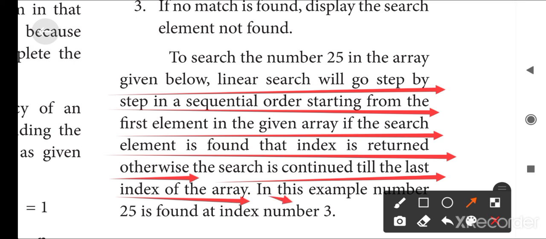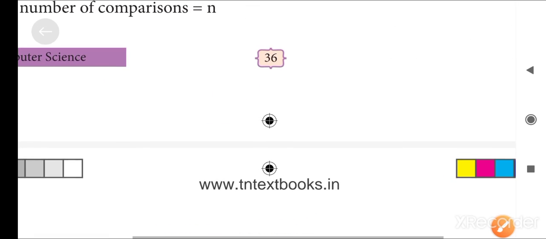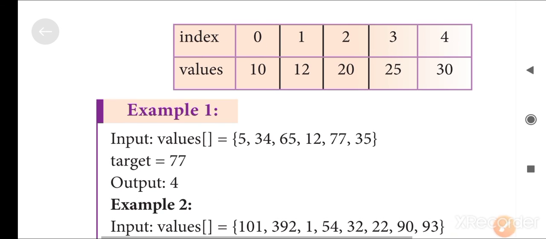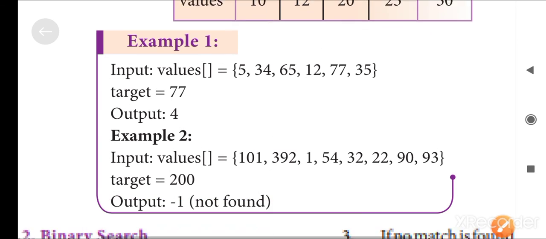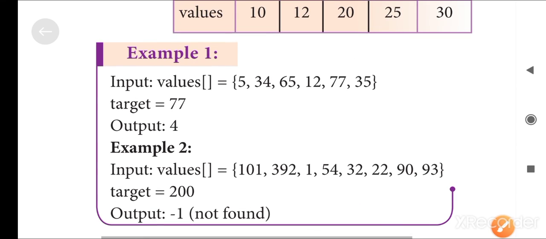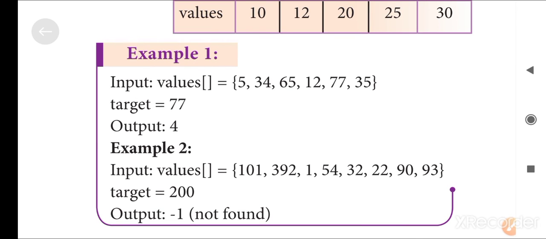In this example, number 25 is found at index number 3, and that is the value of the index we receive. Can you understand the example? Thank you students for watching this video.